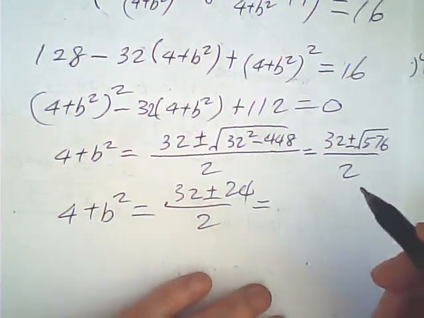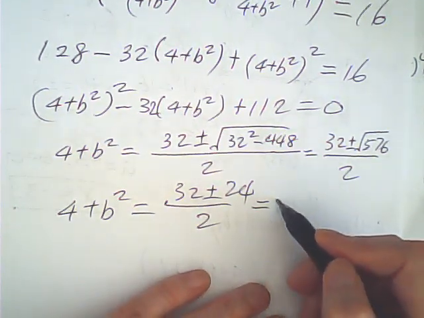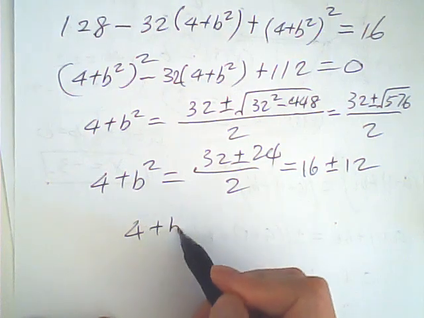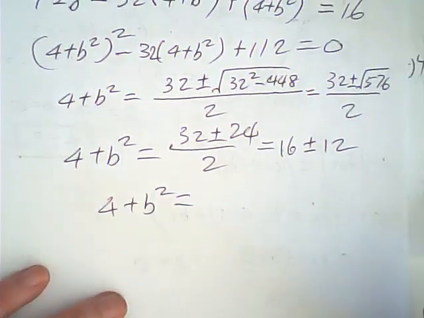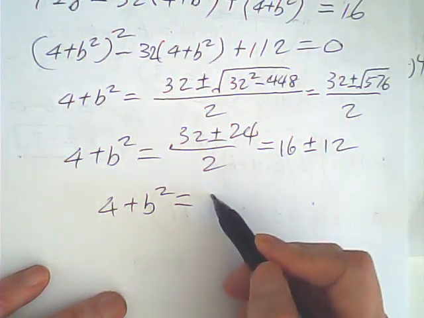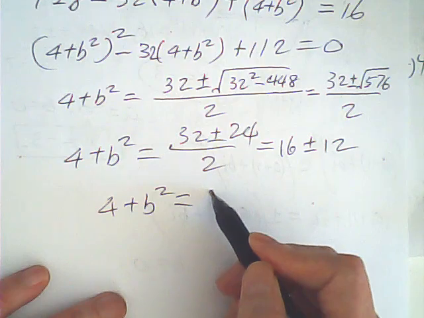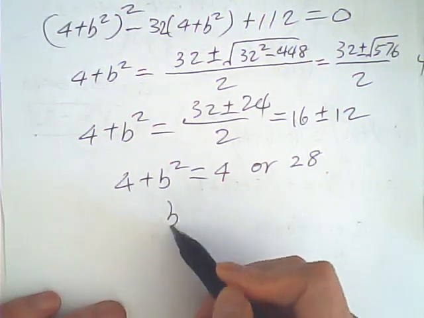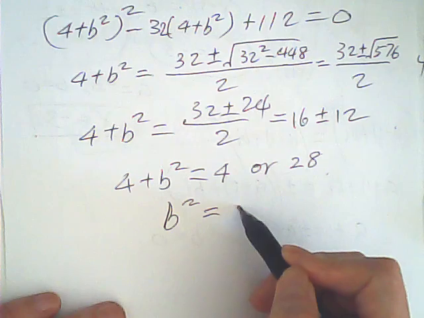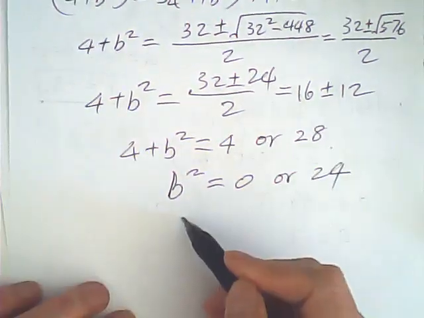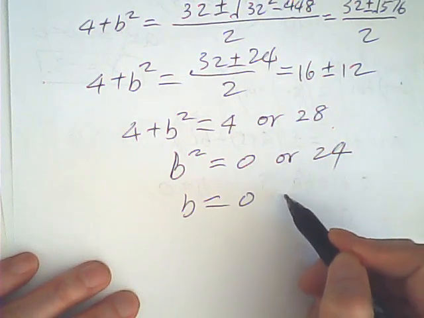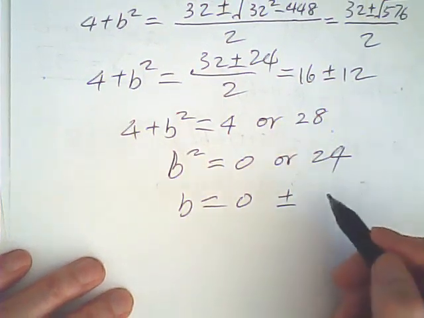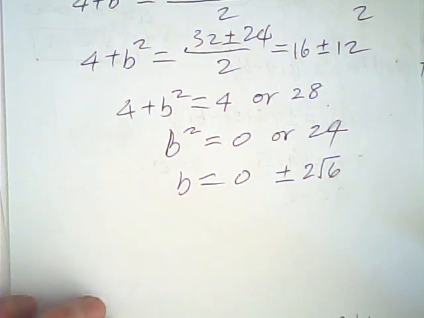So it's equal to 16 plus or minus 12. So 4 plus b squared is equal to 4 or 28. So b squared is equal to 0 or 24. So b is equal to 0 or plus or minus the square root of 24, which is 2 root 6, isn't it?